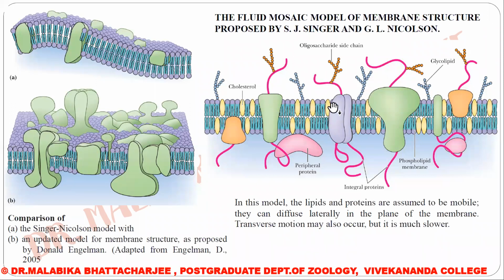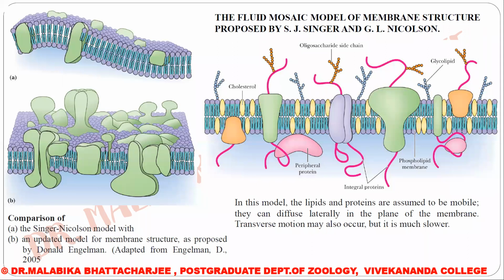If you look into this picture, the individual lipid and protein units in a membrane form a fluid mosaic, with a pattern like that of a mosaic ceramic tile and mortar. You can see the proteins are dispersed throughout the membrane, and from the top it looks like a mosaic pattern. There is no defined symmetry to the distribution of proteins in the lipid bilayer. Hence, it is known as the fluid mosaic distribution of the proteins.